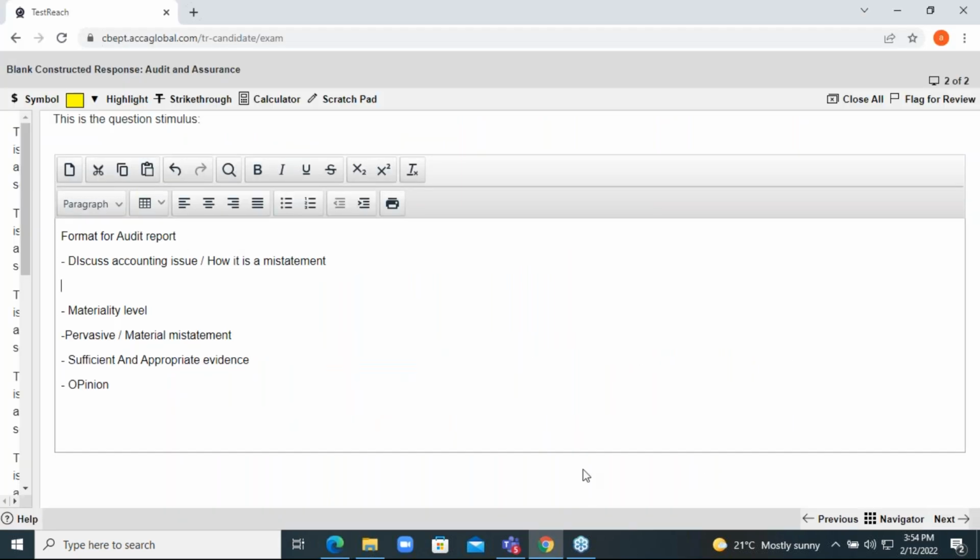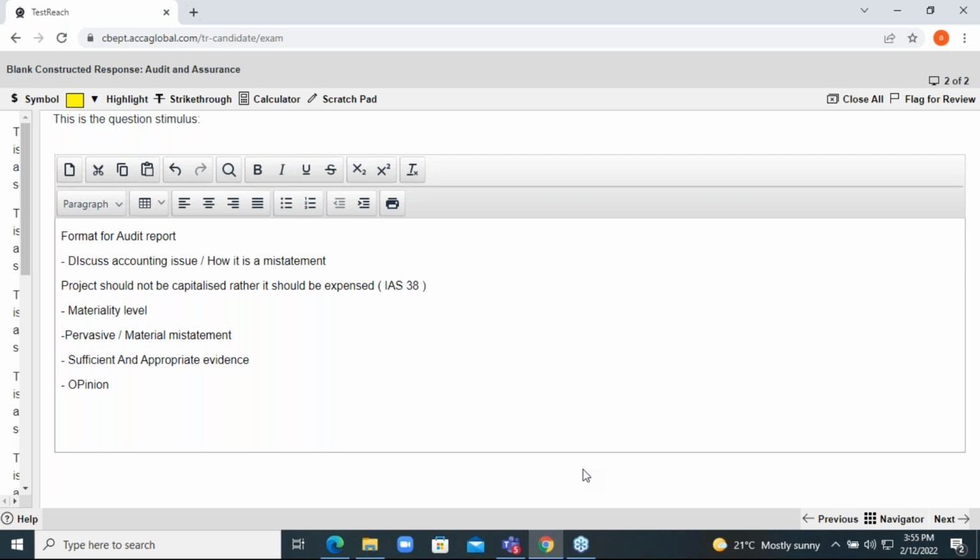This project should not be capitalized, rather it should be expensed. Now this is our basic argument according to IAS 38.